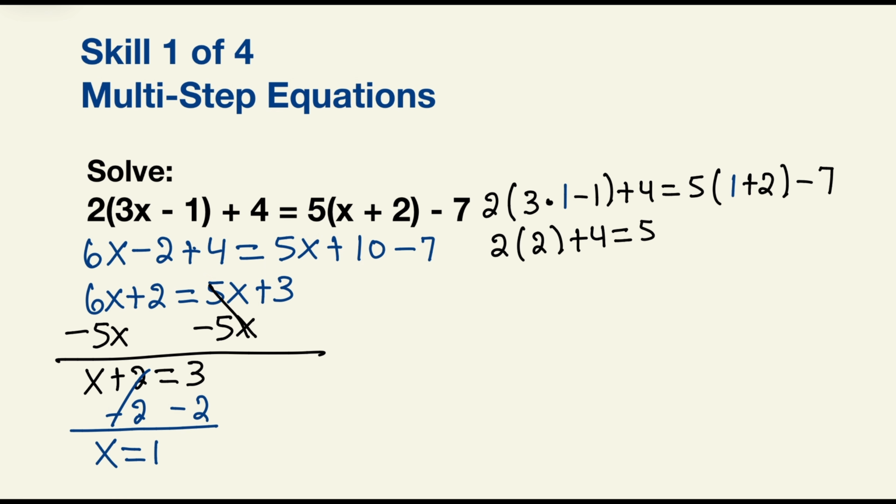So that is 3. So enclose that 3 in parentheses because that is multiplication right here. 5 times 3 minus 7. Okay, so continue solving. 2 times 2 is 4 plus 4 equals 5 times 3 is 15 minus 7. 4 plus 4 is 8 equals 15 minus 7 is 8. So x equals 1 works.